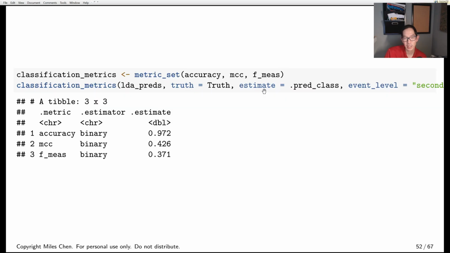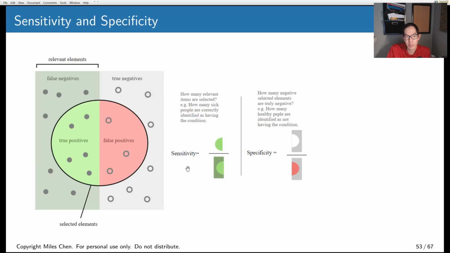The value of interest is those that actually did default. That's the second level, because the first level is no, the second is yes. My overall accuracy is 0.972, my MCC score is 0.426, and my F measure is 0.371. So that's what we have.